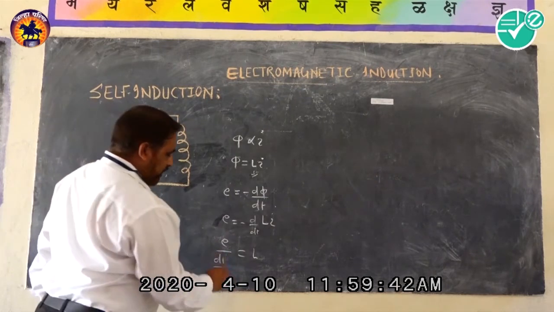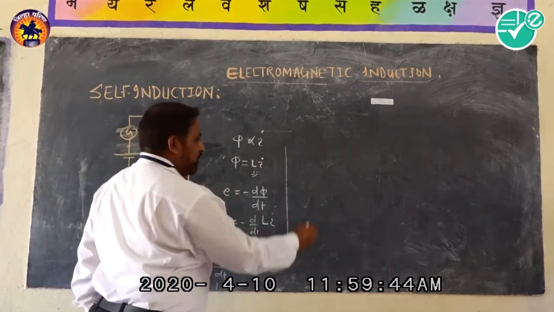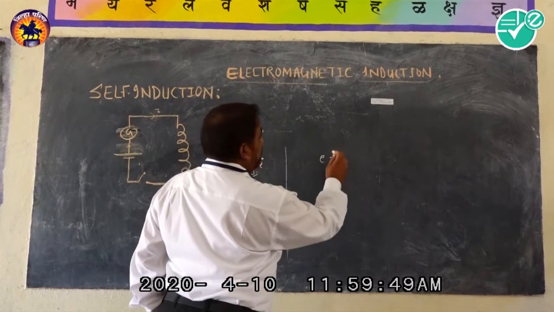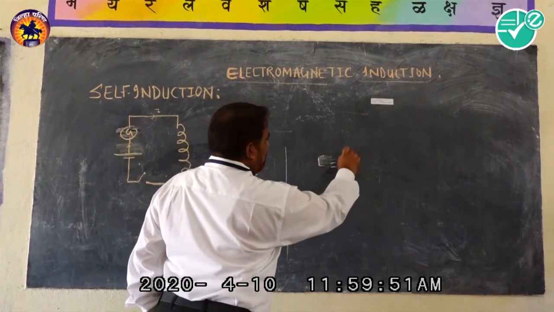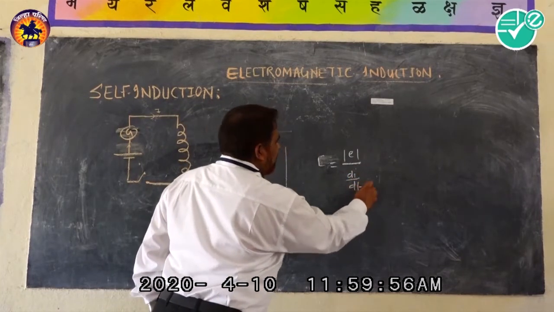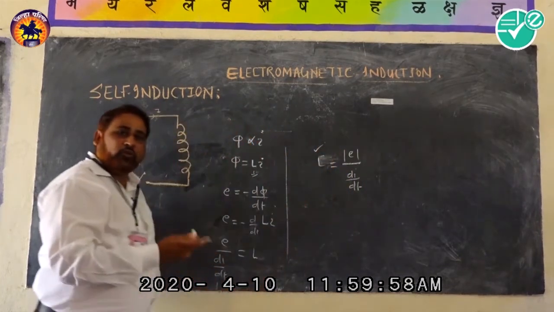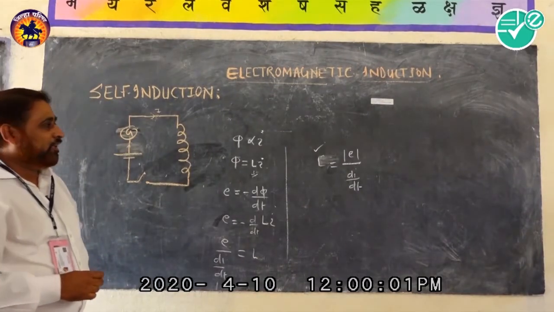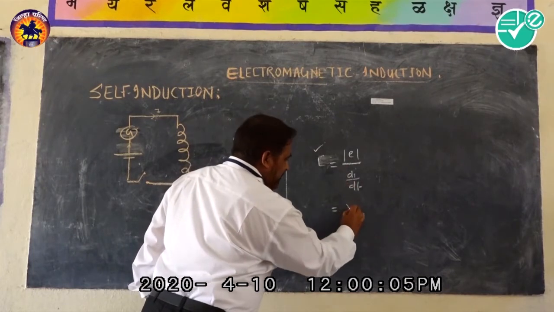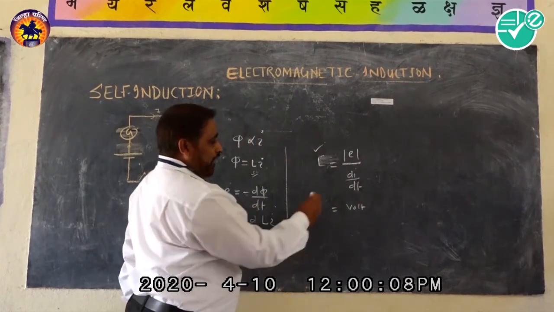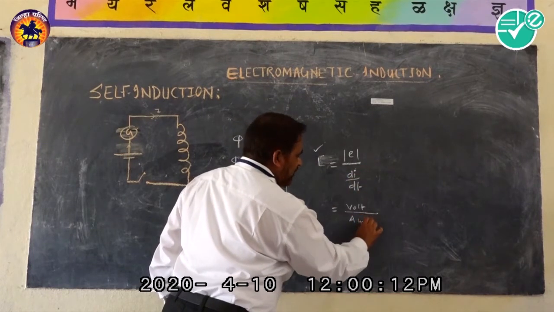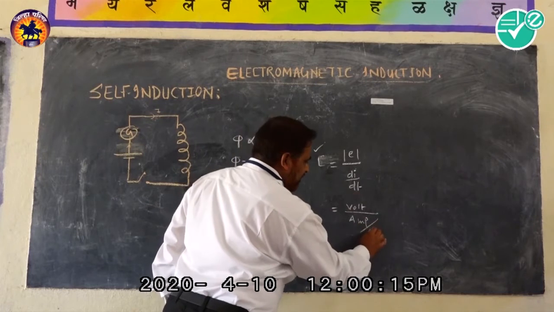If you want, you can take the absolute value, and now you can write L is equal to the absolute value of E upon di by dt. So this L is nothing but the coefficient of self-inductance. And now you can see here that this EMF is measured in volt, and this current is measured in ampere, whereas the time is measured in second.